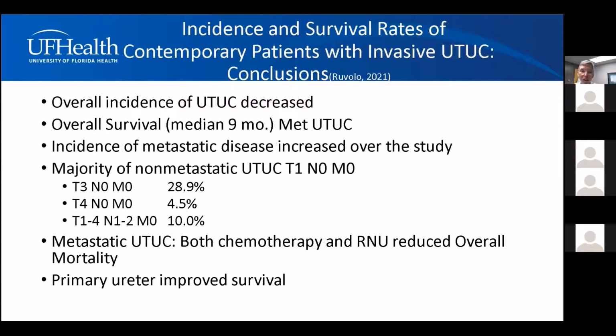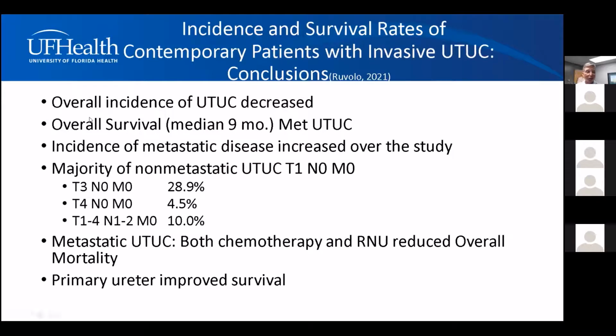So in conclusion with this, I thought it was a very interesting paper. Overall incidence of UC has decreased, but the overall survival is really dismal in metastatic upper tract UC, with a median of 9 months. The incidence of metastatic disease increased over the study.